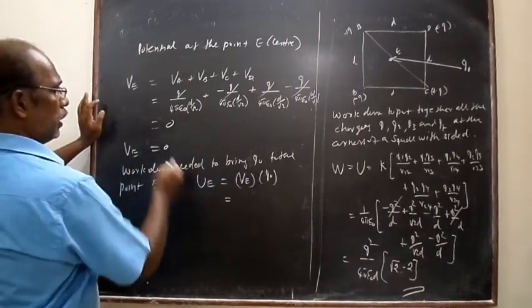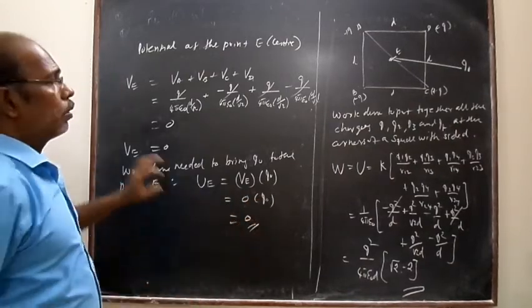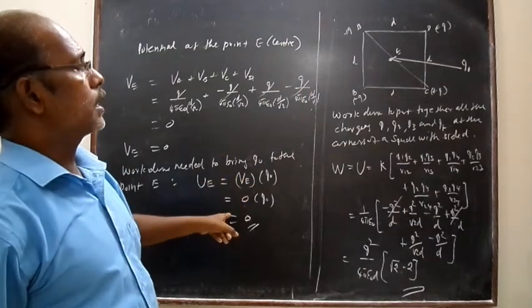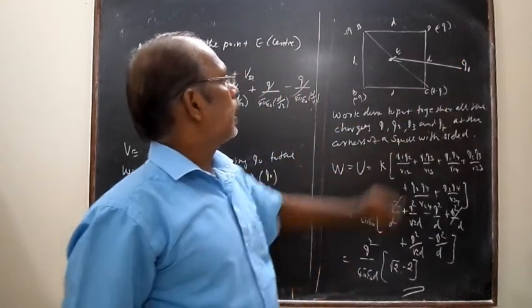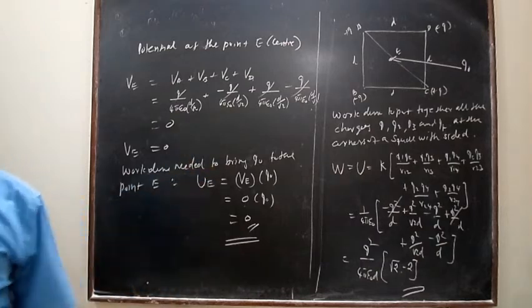What about VE? VE equal to 0, into Q naught. So what amount of work done is required? 0 amount of work done is required, or the potential energy of the charge Q naught at the point E is equal to 0. Go through this.